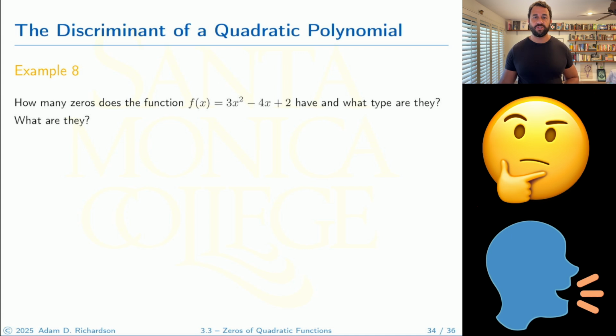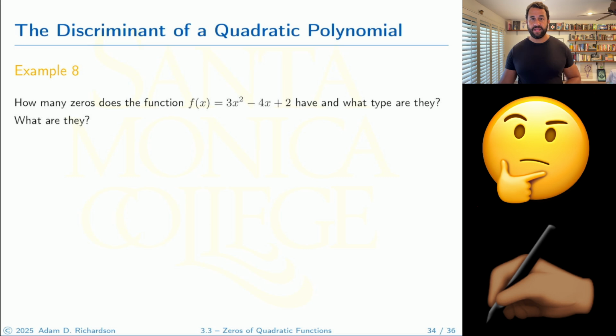Say out loud what you might try, maybe what you'll try first. And then work it out on your own. How many zeros are there? What type are they? And what are the actual zeros? And we'll do it together in a moment.